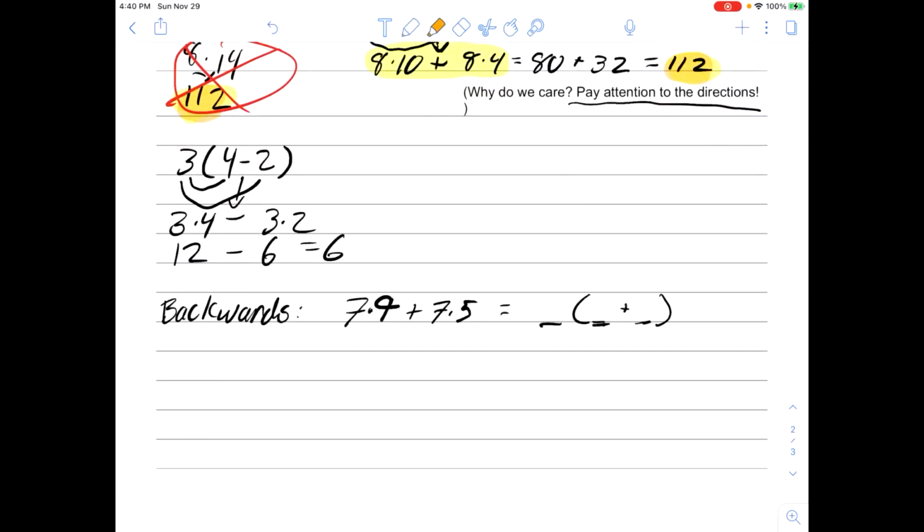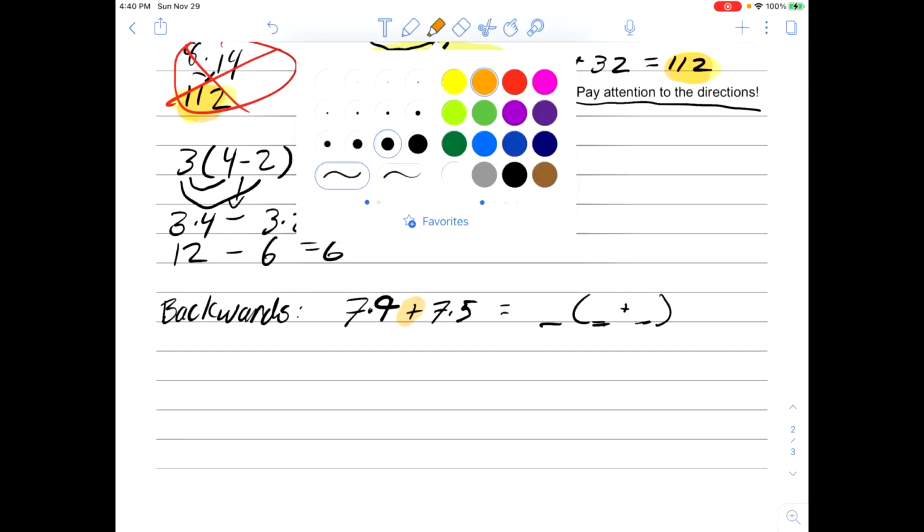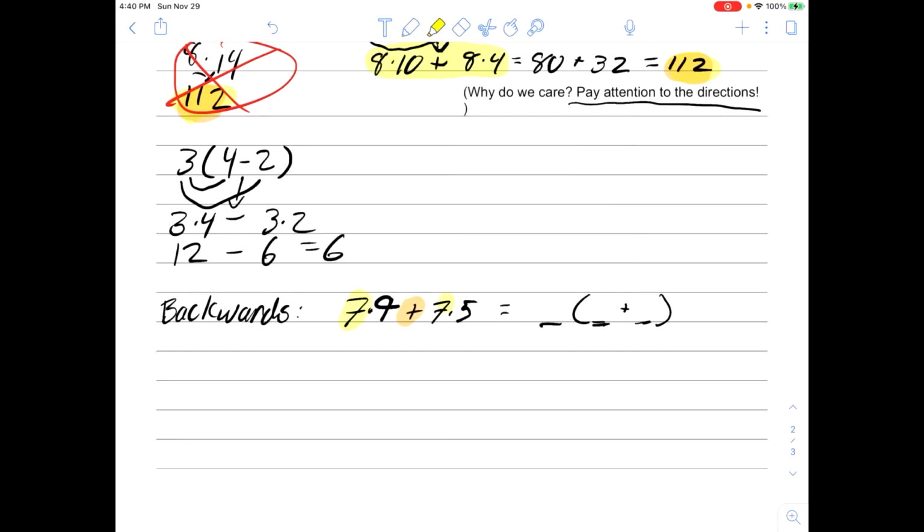I know it's addition because of that plus sign there. Well, here I see that there is a 7 attached to both of those numbers. That means that the 7 is what goes outside the parentheses, and inside there would be 9 plus 5.